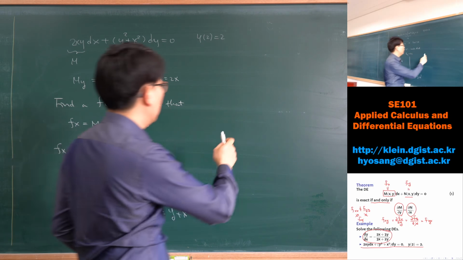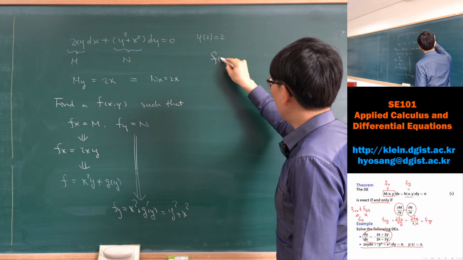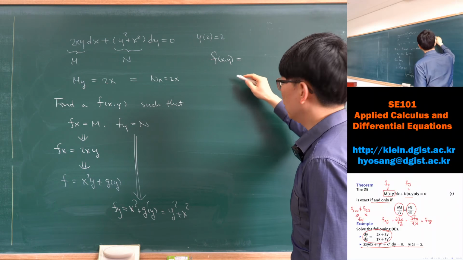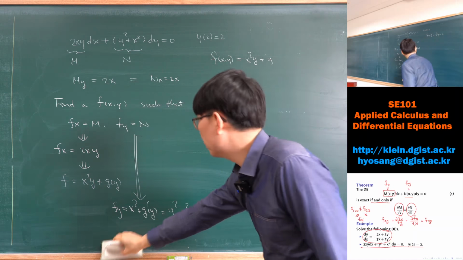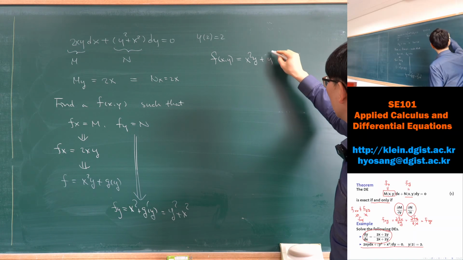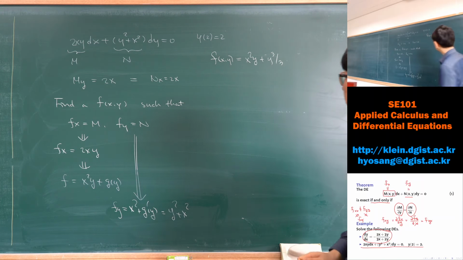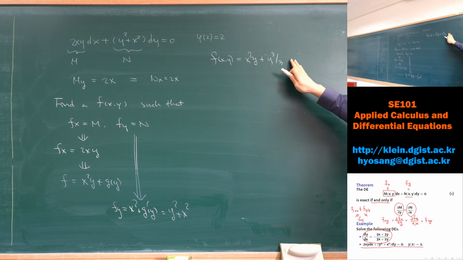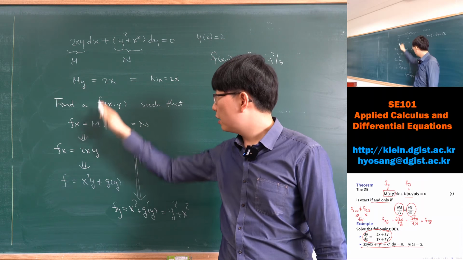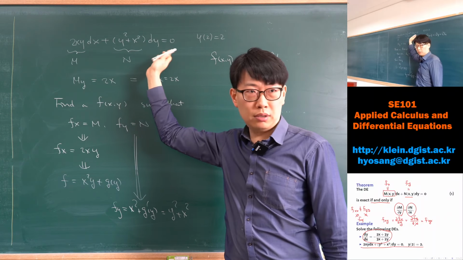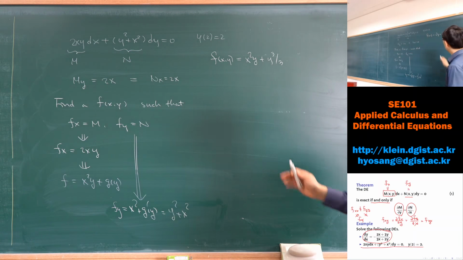So f of x, y equals x squared y plus 1 over 3 y cubed. I don't have to put the constant term here because I only want a function whose total differential is the given differential equation.